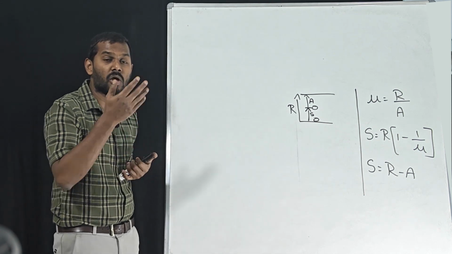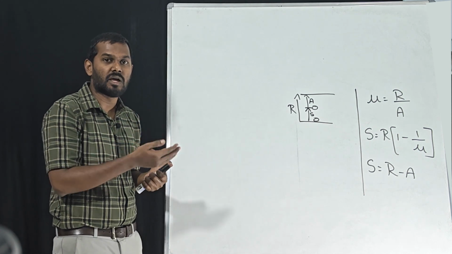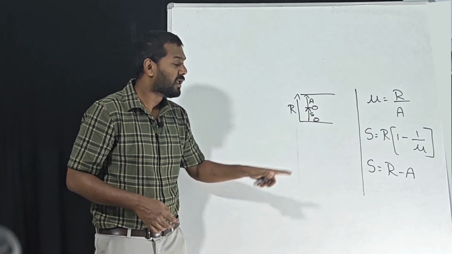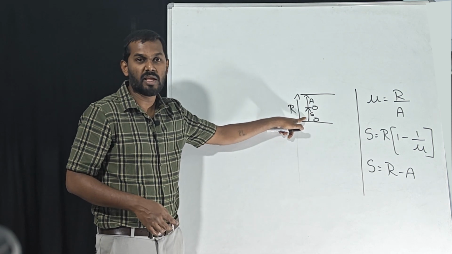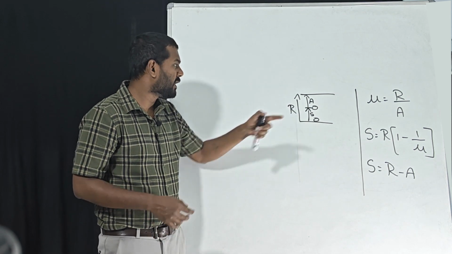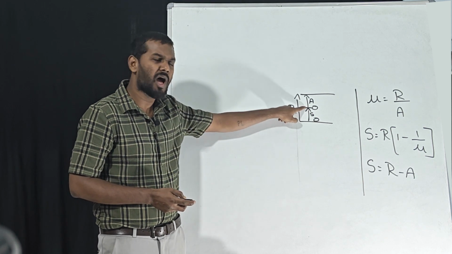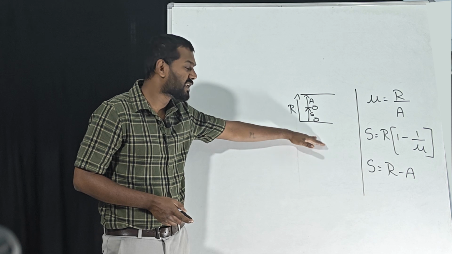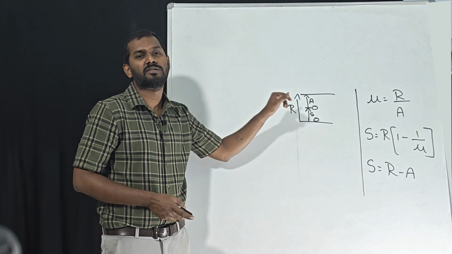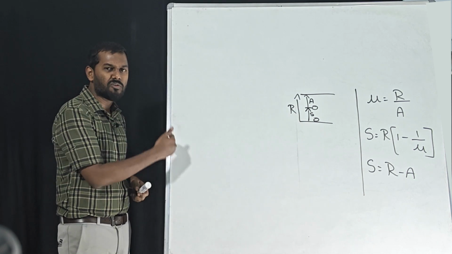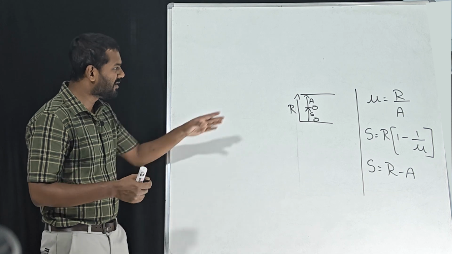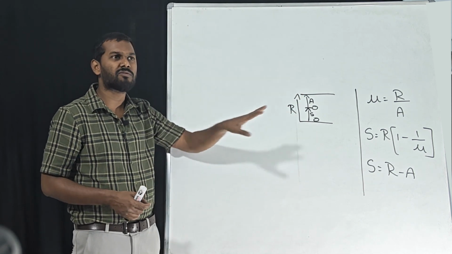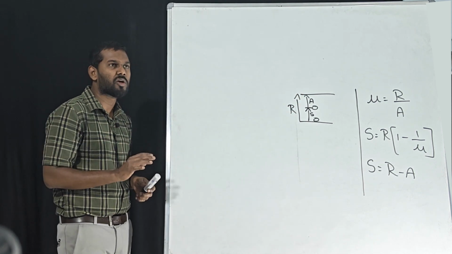Whenever they are talking about it has raised by 4 centimeter, then it is shift. Apparent depth is from the surface to the object. Shift is nothing but how much it has raised. This concept you should know to solve all the problems. I'll keep this diagram here itself to make sure we understand all the questions.